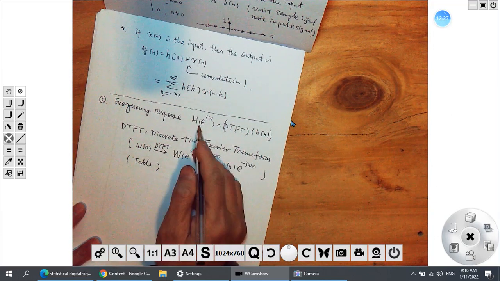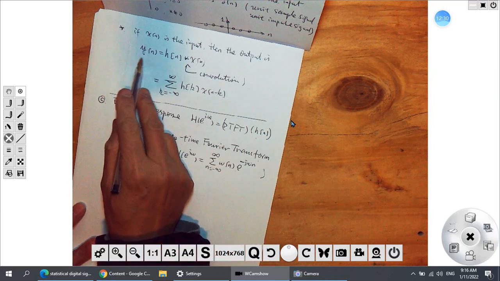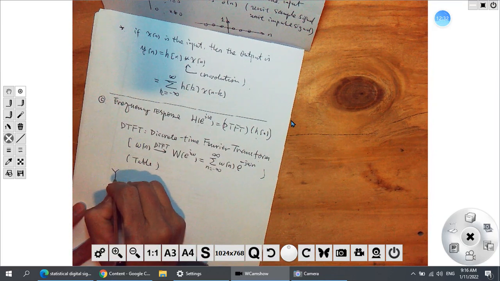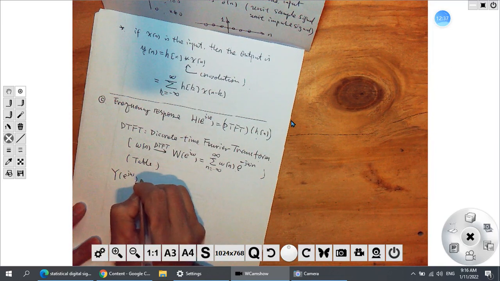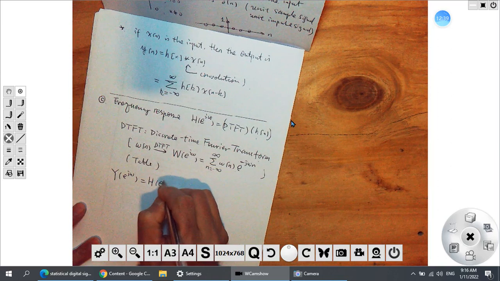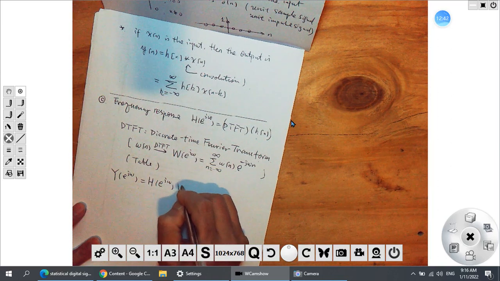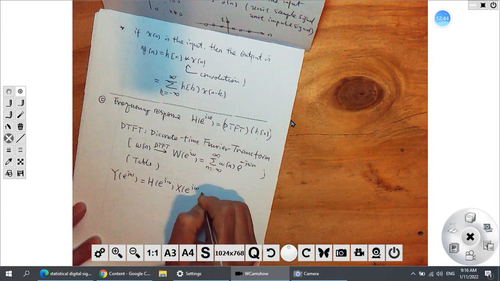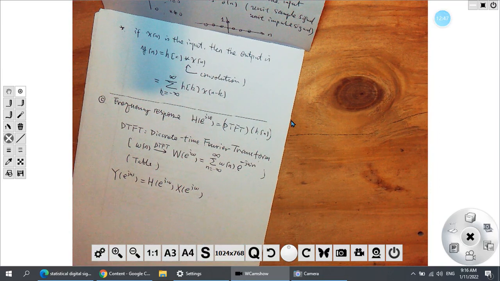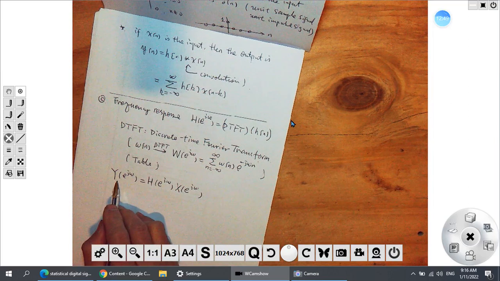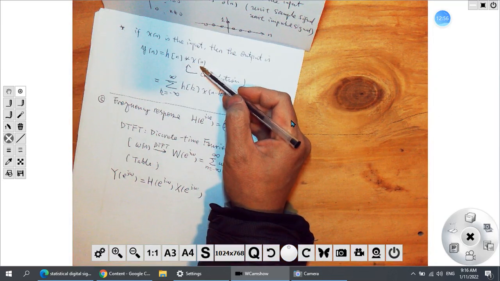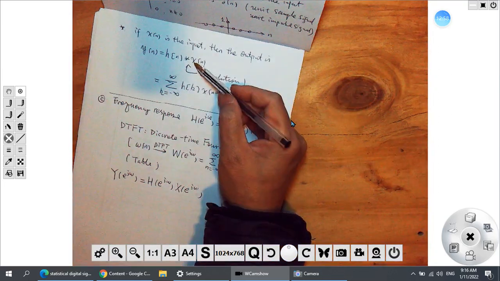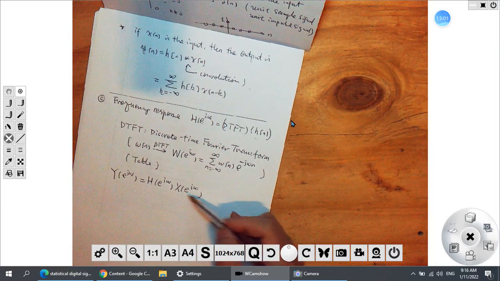For the frequency response, we also have a similar formula: y of e to the j omega equals h of e to the j omega times x of e to the j omega. By this, you can find the output if the input is given, but we need to work in the frequency domain. You start from x of n, perform the DTFT on x of n, and get capital X of e to the j omega.